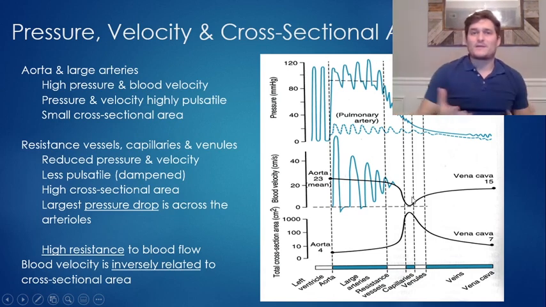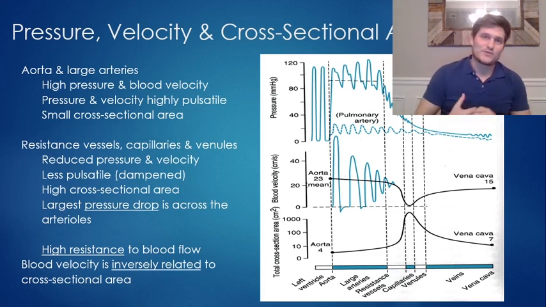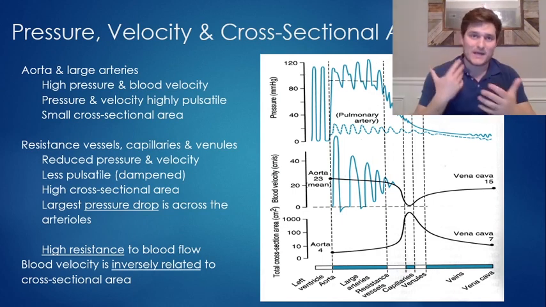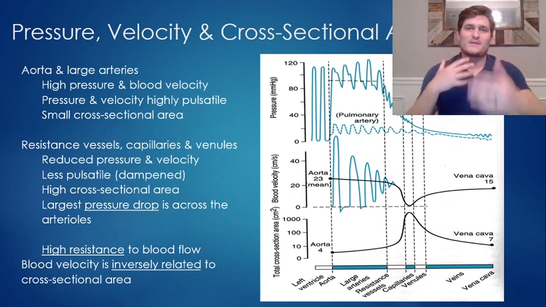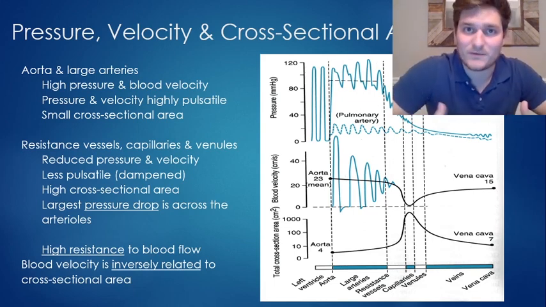But when you think about it, that's sort of a good thing, because the capillaries are the site, again, of exchange of oxygen, of CO2, of nutrients and waste. And so you really don't want a high velocity because you want enough time in order to exchange those different materials at those capillaries of those cells.